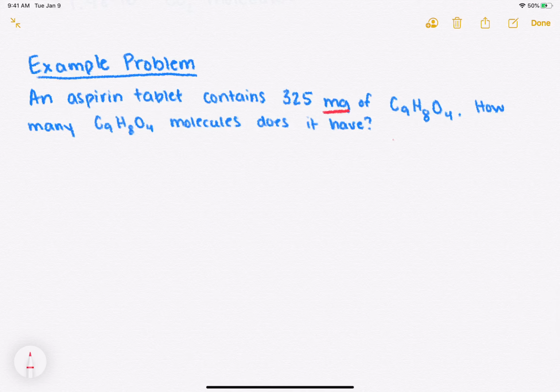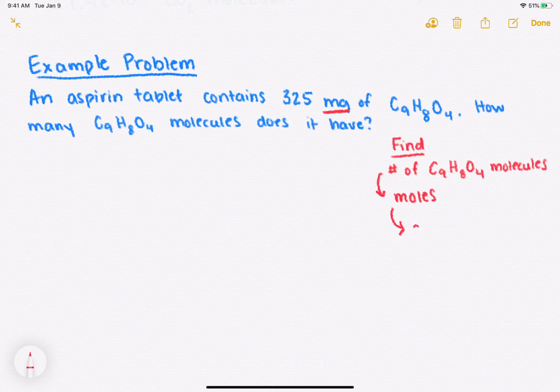We know we're going to want to find the number of C9H8O4 molecules. And in order to find that number of molecules, we can't go straight from milligrams or grams. We're going to have to figure out the moles. Once we have moles, we can use the molar mass to find grams.